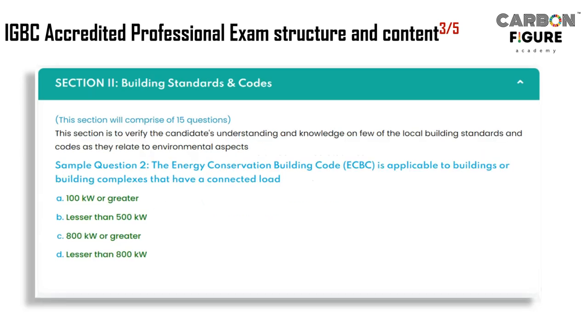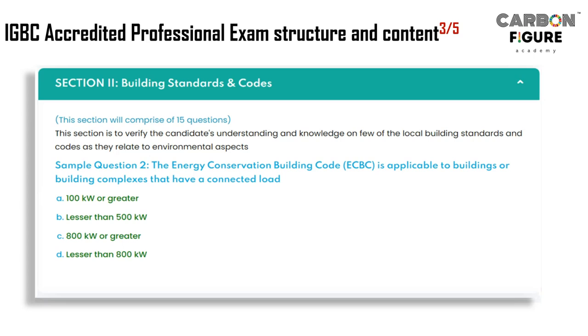Right. Then section 2, building standards and codes, will have 15 questions. This section is to verify the candidate's understanding and knowledge of a few of the local building standards and codes as they relate to environmental aspects.